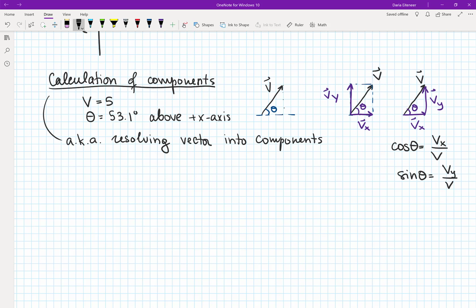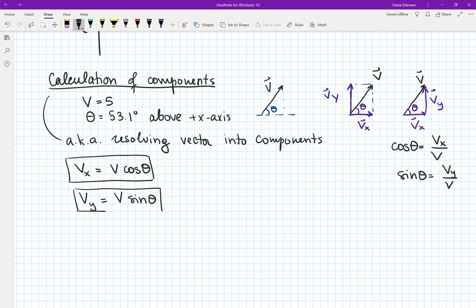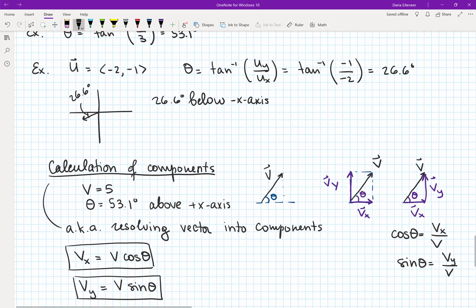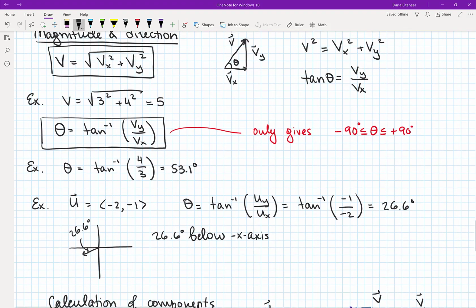If I rearrange those two equations a little bit, Vx is going to be V cosine theta, and Vy is going to be V sine theta. Like this.